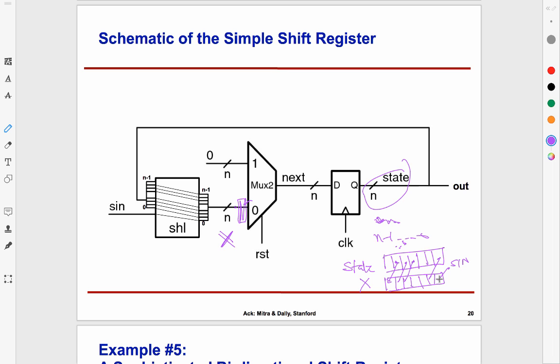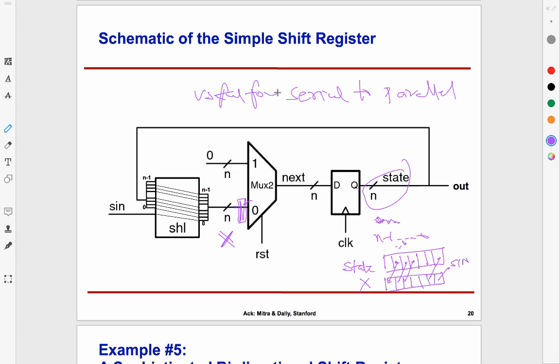It's taking stuff coming in on SIN and feeding it in one by one. So it's a serial to parallel converter. Useful for serial to parallel conversion.